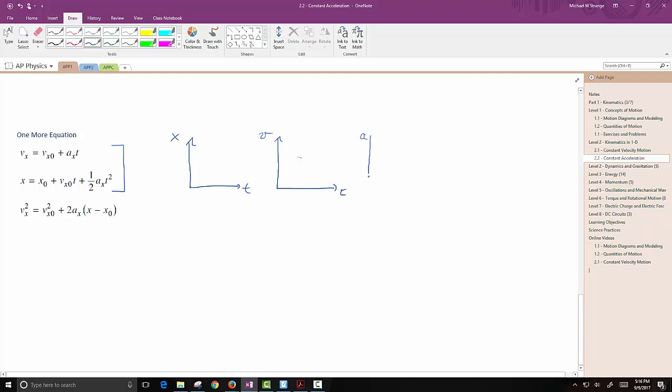And if you want to move from one to the other, you either look at the slope or the area. So slope is if you want to go from position to velocity or velocity to acceleration. And you use area if you want to go from acceleration to velocity or velocity to position. Okay, so give it a go.